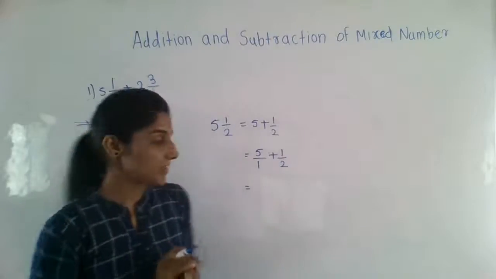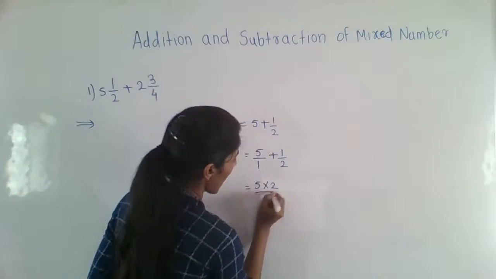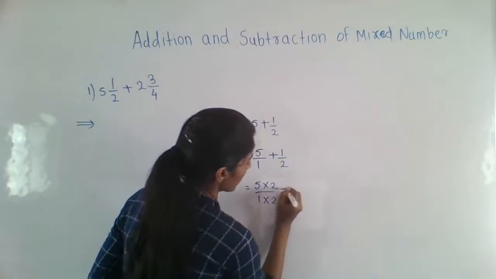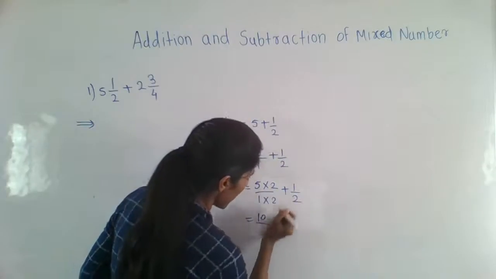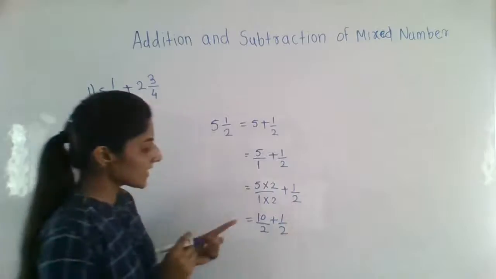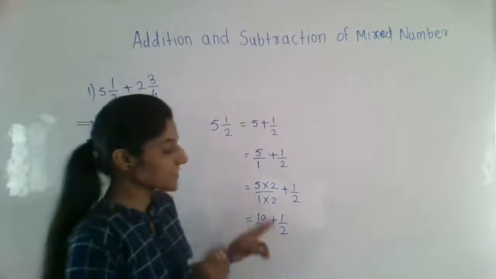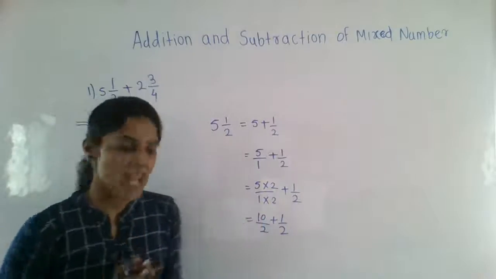Numerator and denominator. Suppose we take 2, that is 5 into 2 and 1 into 2 plus 1 by 2. 5 into 2 is 10, and 2 ones are 2, plus 1 by 2. Now you can see both the fractions have the same denominator. Therefore we add the numerators directly.